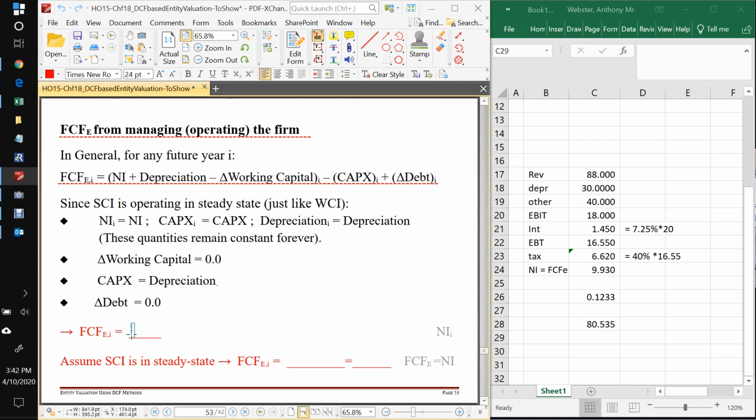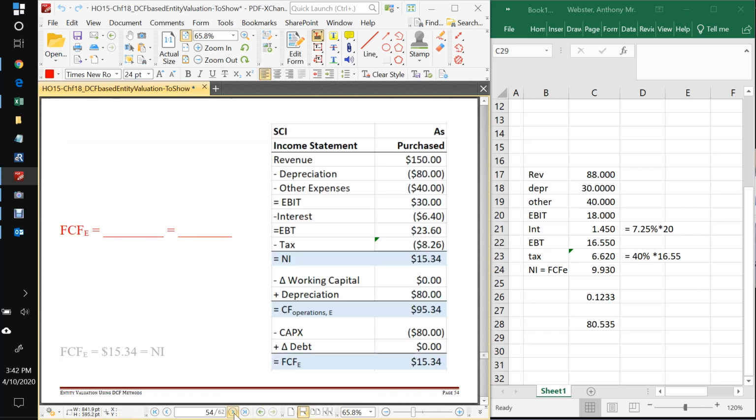So what can we say? The free cash flow in each year is going to be the net income in any old year because it's steady state. So the net income is the same every year. And that's what I've got down here. Free cash flow in year I is just FCFE in general, and that again is just equal to net income.